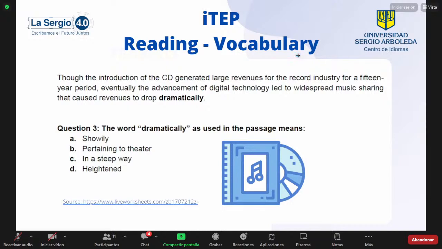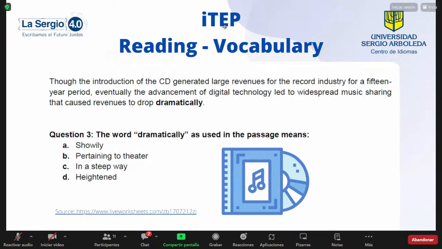Okay, 5, 4, 3, 2, 1. I'm giving you 1 minute because this is quick. So A, B, C, or D? Heightened.